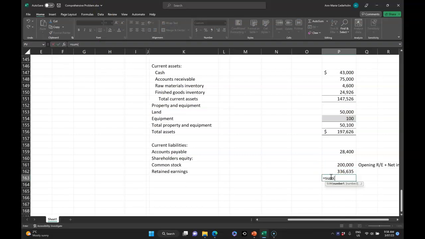And in this question, I didn't have any non-current liabilities, so I just have my current one, and I only have one. So if you had more than one, you would list them. But you guys know how to put together a balance sheet. Okay, so here's my current liabilities. Here's my total shareholders' equity.